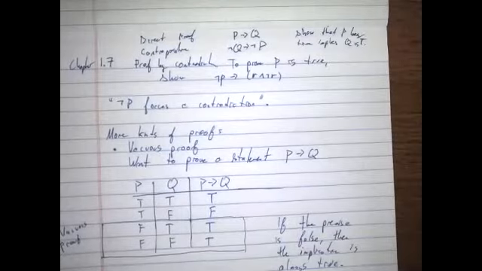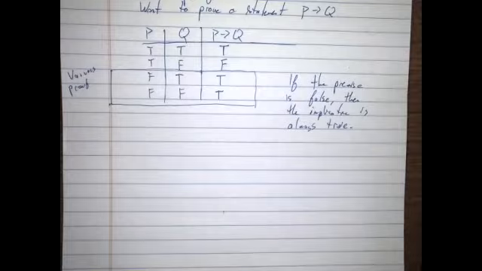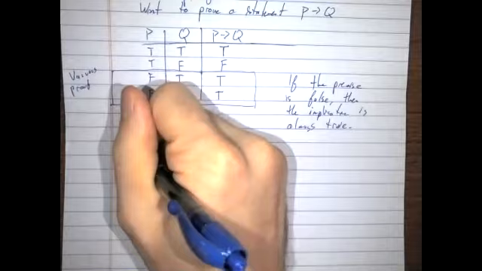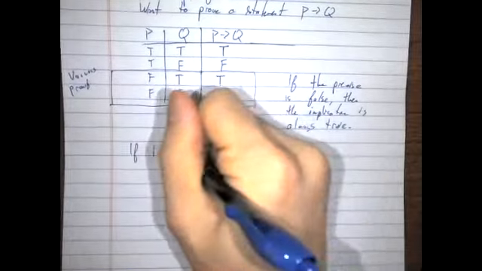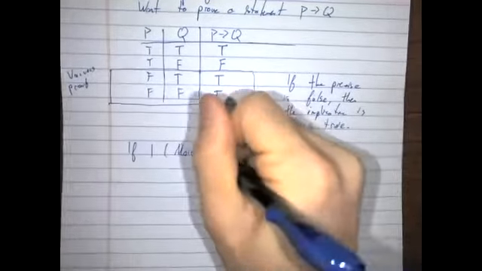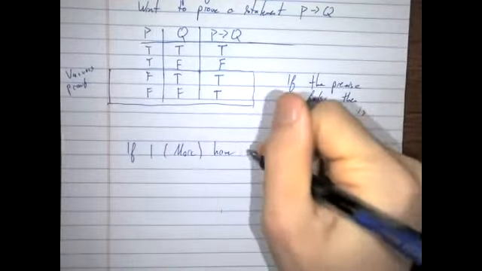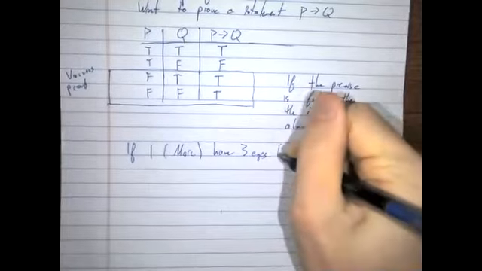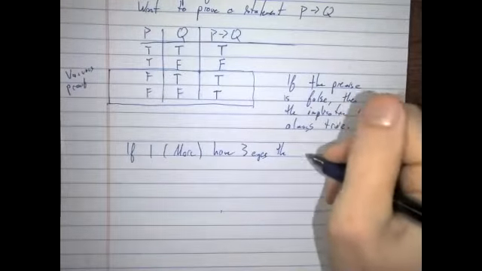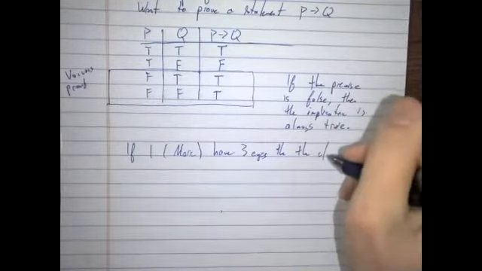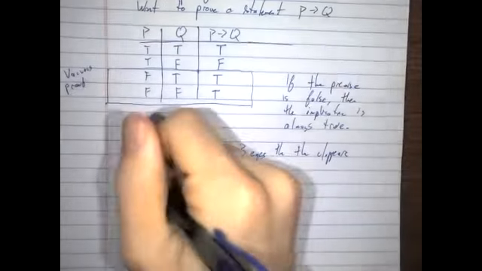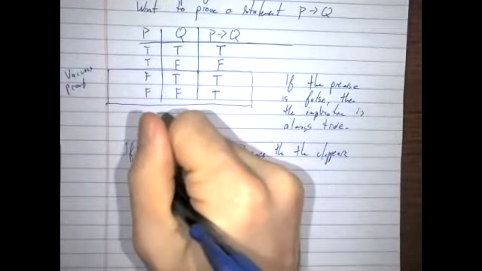So, you know, we were playing some fun games at the beginning of class when we were discussing English language sorts of things. So I can, of course, write some statement like, if I, Mark, have 3 eyes, then the Clippers won Game 7 from the Nuggets.